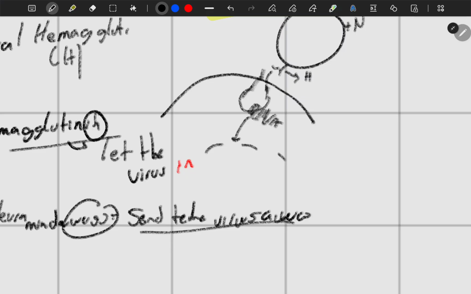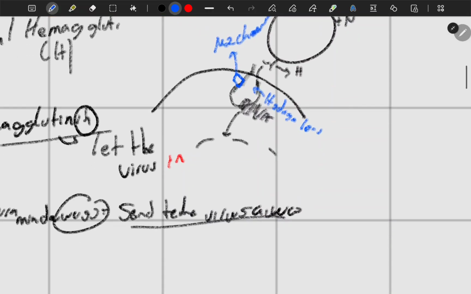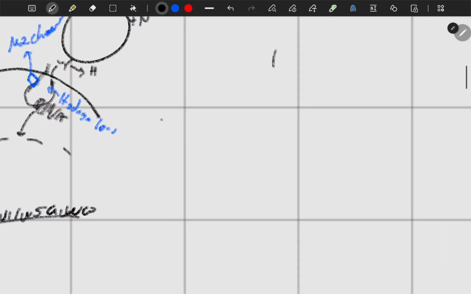Before that, we have to consider that in this endosome we have an entry of hydrogen ions. Then we have another important thing, the M2 channel. So let's draw here: we have the cell, we have the hemagglutinin, and then the endosome.